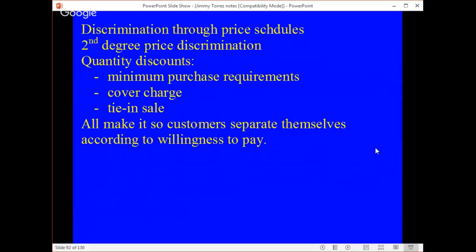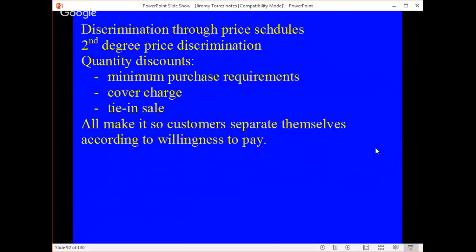For instance, these quantity discounts are second degree price discrimination, and they also consider peak time pricing as second degree price discrimination.